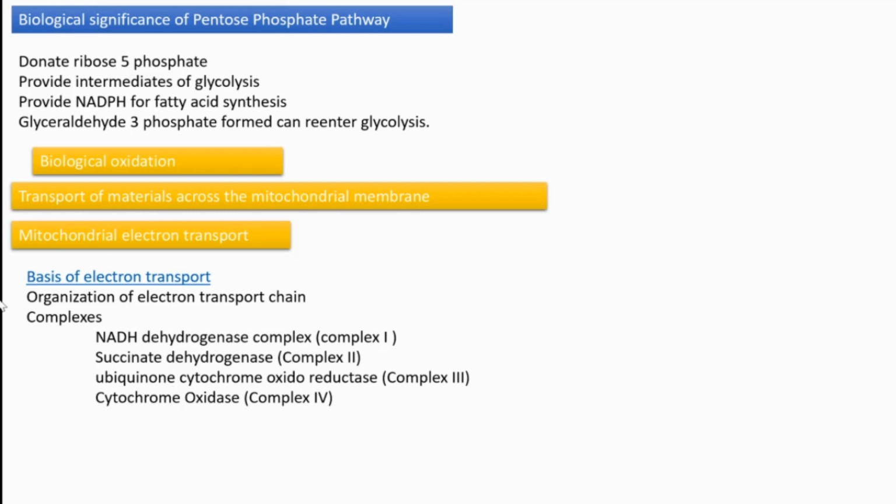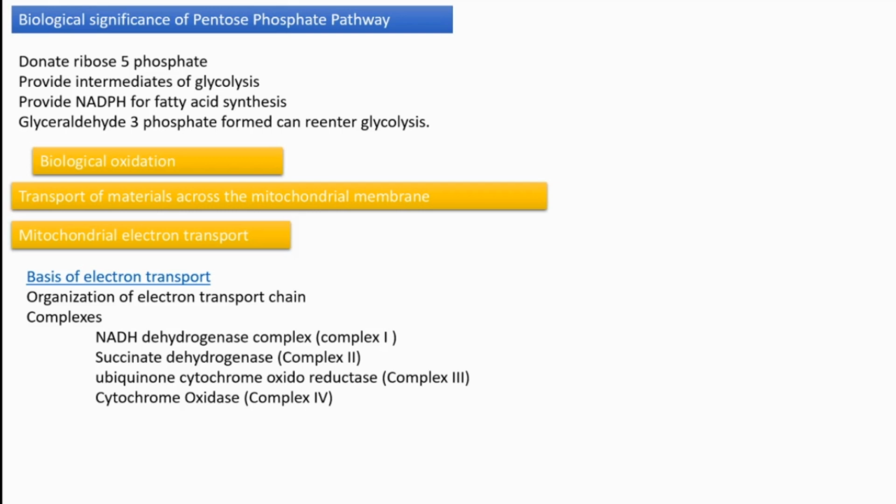Then we are going to understand the transport of materials across the mitochondrial membrane. Some of these metabolite intermediates like pyruvate are now present outside the mitochondria in the cytosol.